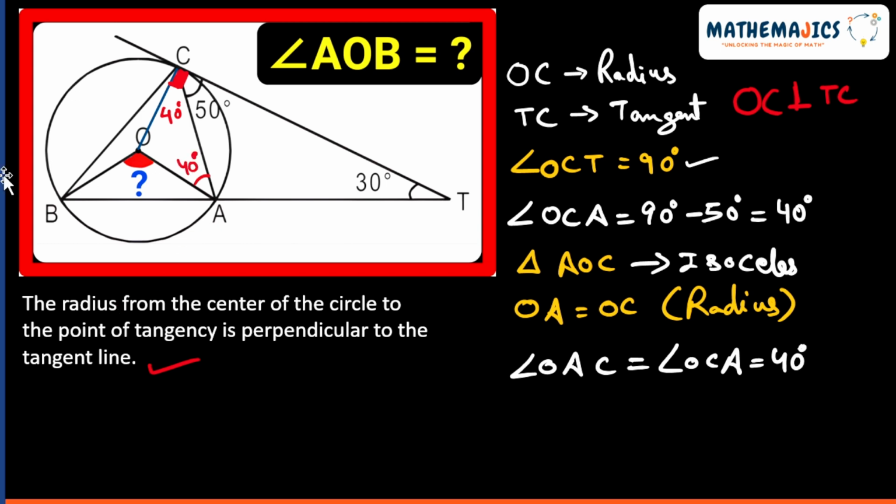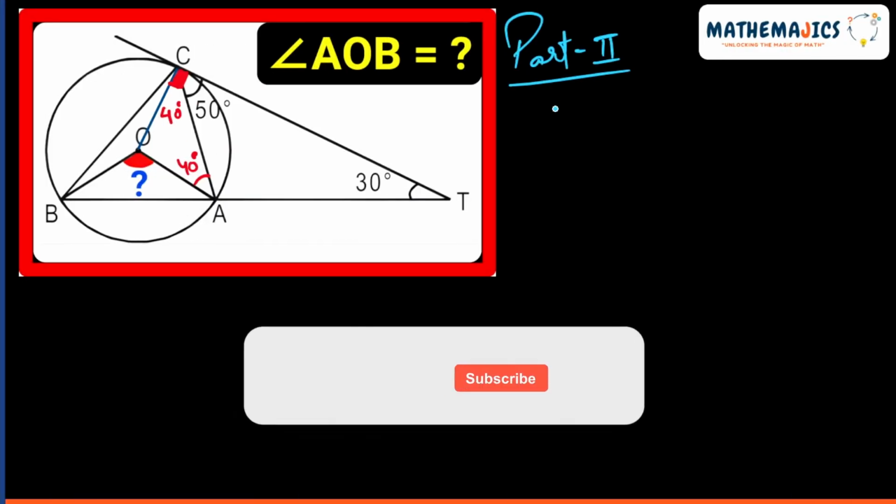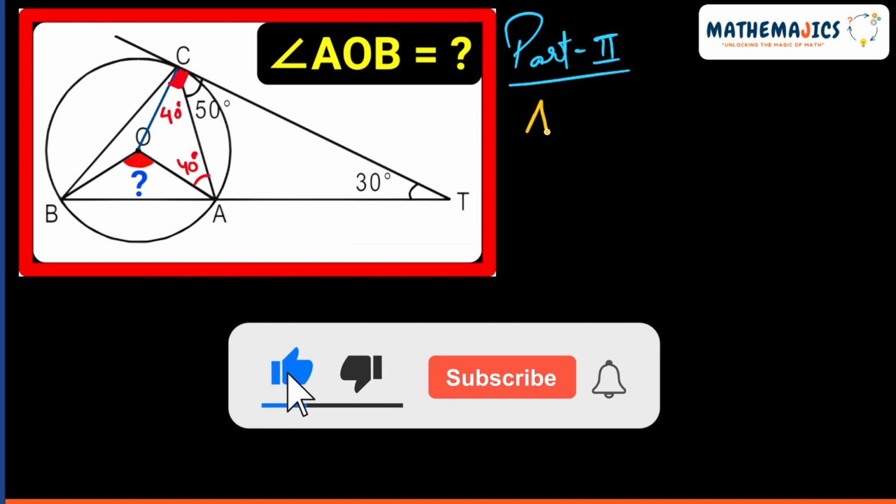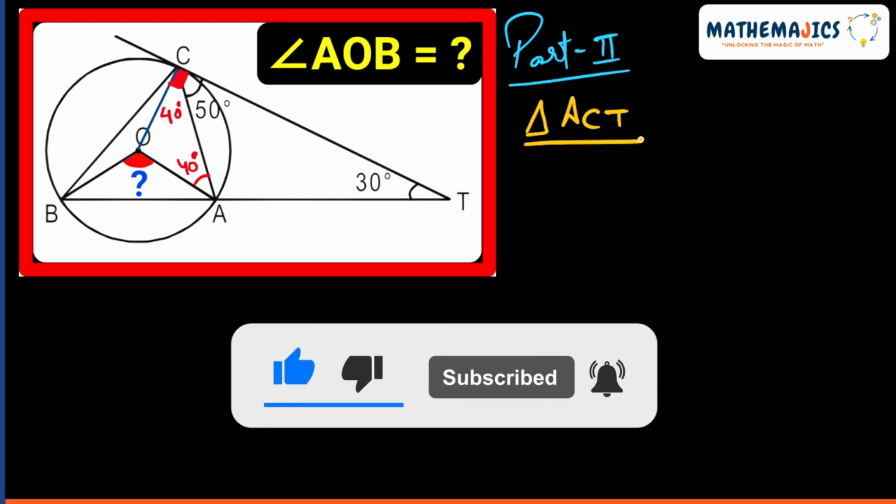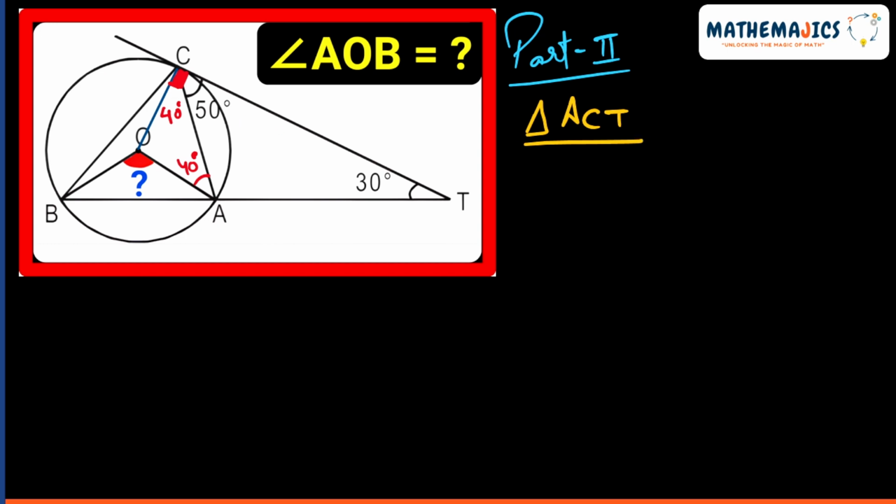Correct? After this step, let's jump to second part of the solution where we will try to find angle AOB. In second part, we will be looking at triangle ACT. In triangle ACT, please look at angles 50 degree and 30 degree. The sum of these two angles will be equal to the angle CAB.